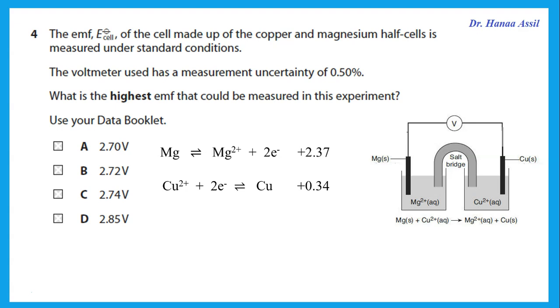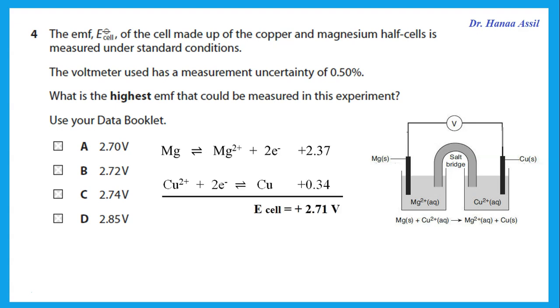The copper 2+ is reduced to copper, and that means the overall E cell is the addition of these two, and that is plus 2.71. Now he's saying that there is a measurement uncertainty of 0.5%. That means the actual correct answer could either be 0.5% above this or 0.5% below this.